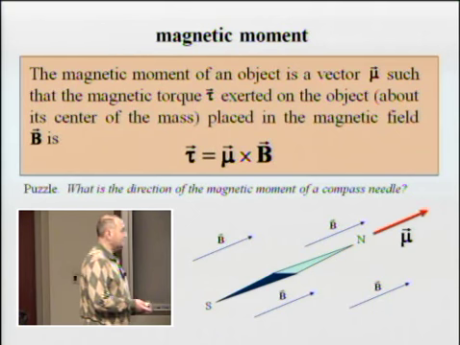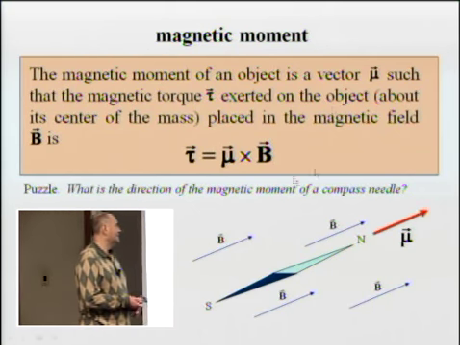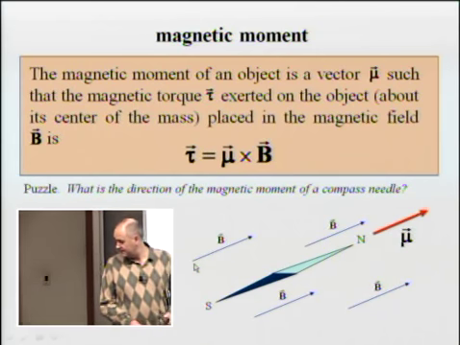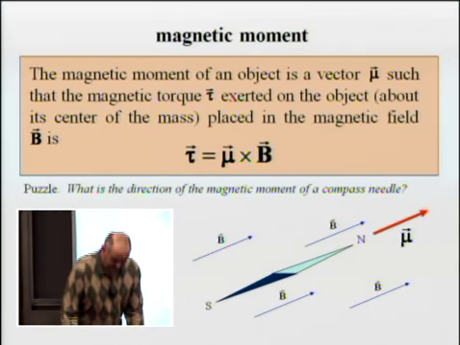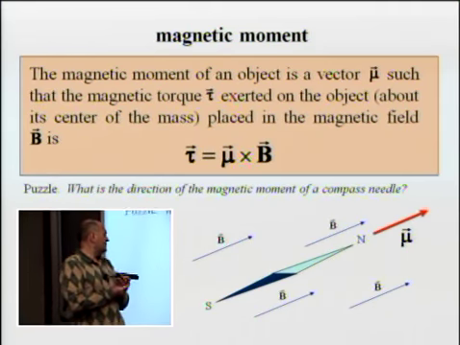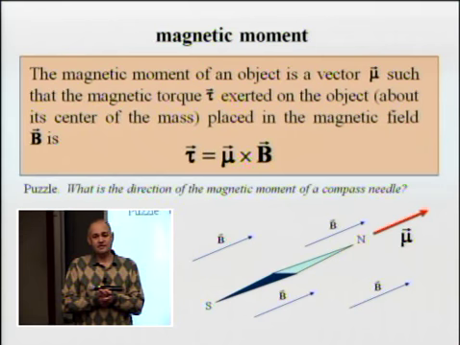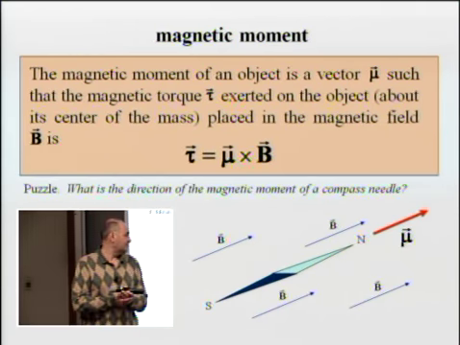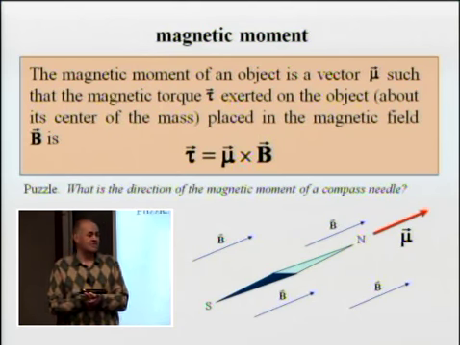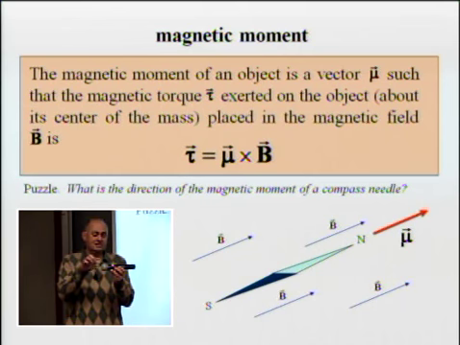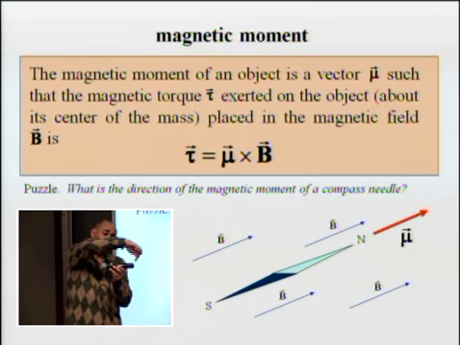Now, considering magnetic field vector, if I take a bar magnet, let's say that this is a bar magnet. I don't actually like to say that magnetic field vector is always oriented from North Pole to South Pole, or that North Pole attracts South Pole. But if I take a bar magnet, and if this is North Pole and this is South Pole, magnetic field lines will have this direction.